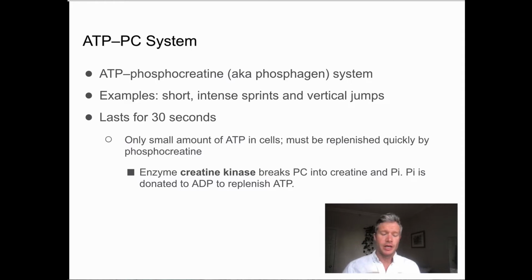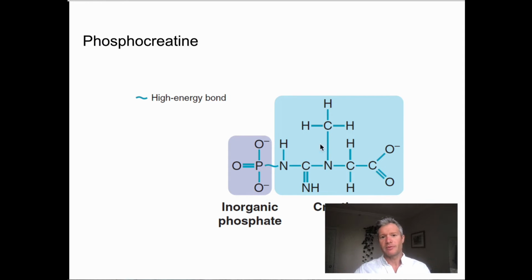One of the things that's great about this is it floats around in the sarcoplasm or cytoplasm of our muscle cells, and it breaks into two pieces. And again, with that high energy bond, let's just take a look. So here we have our creatine and our inorganic phosphate. Don't worry about the definition of inorganic too much.